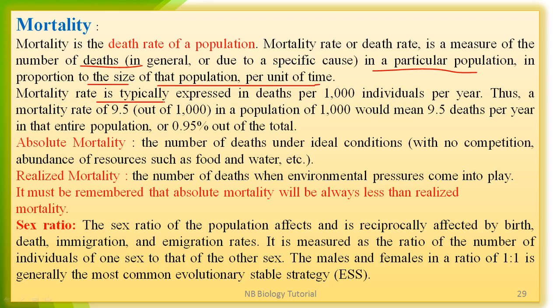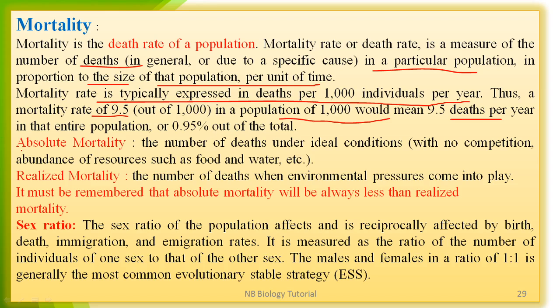Mortality rate is typically expressed as deaths per 1000 individuals per year. Thus, a mortality rate of 9.5 in a population of 1000 would mean 9.5 deaths per year in the entire population, or 0.95% of the total population.